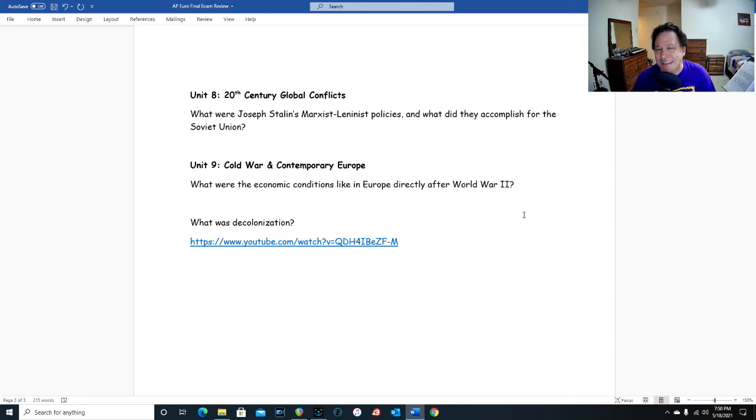Britain was particularly unwilling to give up its colonies. It didn't give up India until 1947, and they actually crushed an independence movement in Kenya in the 1950s. And you could see why when you look at the economic conditions that they were suffering after the war. They really depended upon these colonies for their resources and for their manpower.